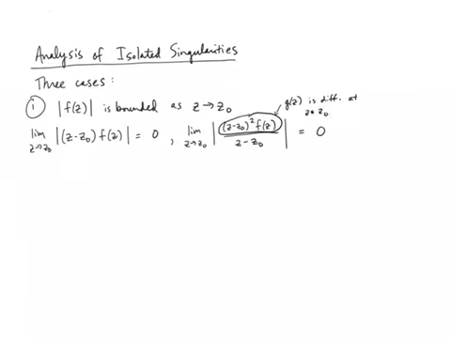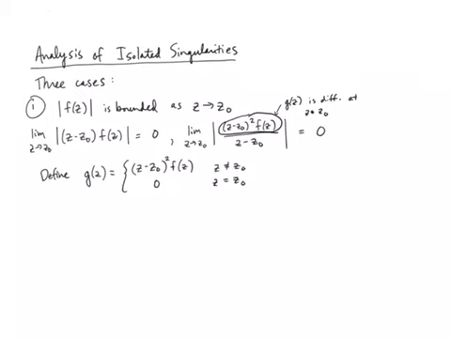So what we're going to do is define g of z to be equal to z minus z naught squared times f of z when z is not equal to z naught. Remember that z naught is not currently in the domain of f of z, so this definition wouldn't make sense at z naught yet. But then we can define it to be 0 at z equals z naught.